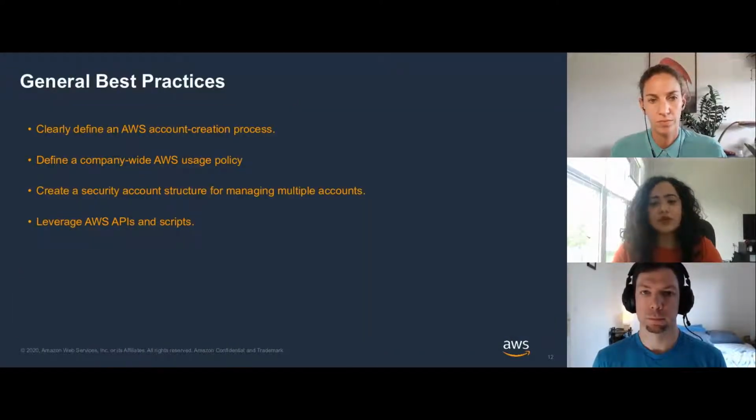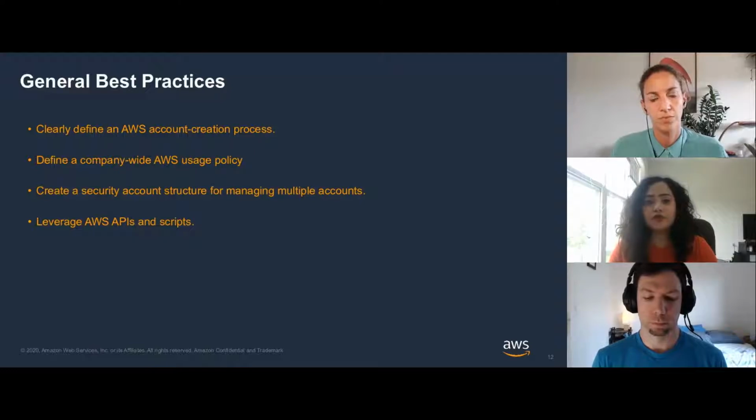Now there are certain best practices whenever an organization is planning to move their security, governance, and control into cloud native applications. When they're moving onto our AWS platform, there are certain best practices that we have observed. One of them is clearly defining an account creation process.